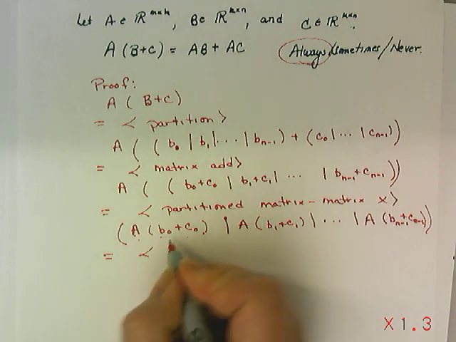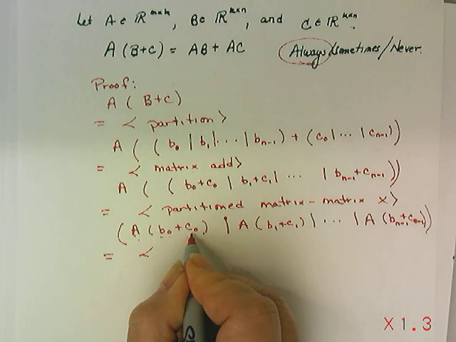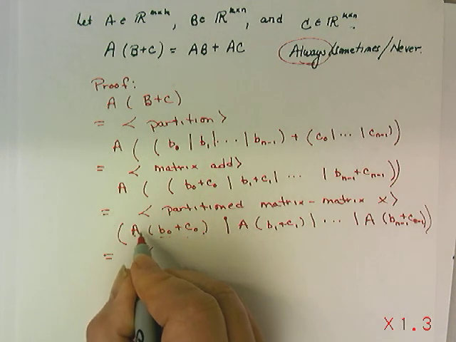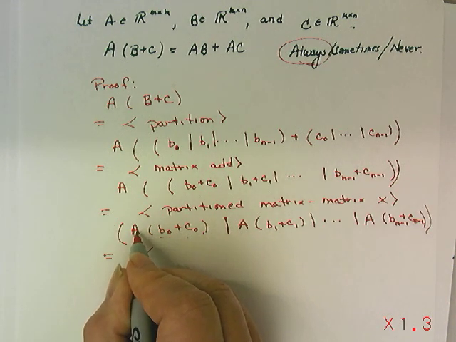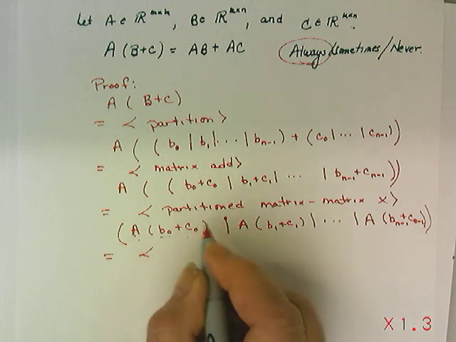But by matrix vector multiplies, we've proven in the past that A distributes over, so multiplication distributes over vector addition.